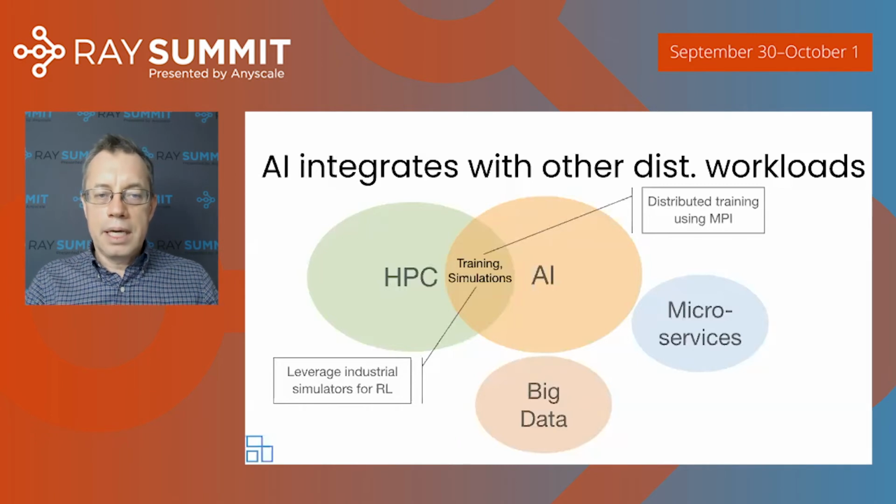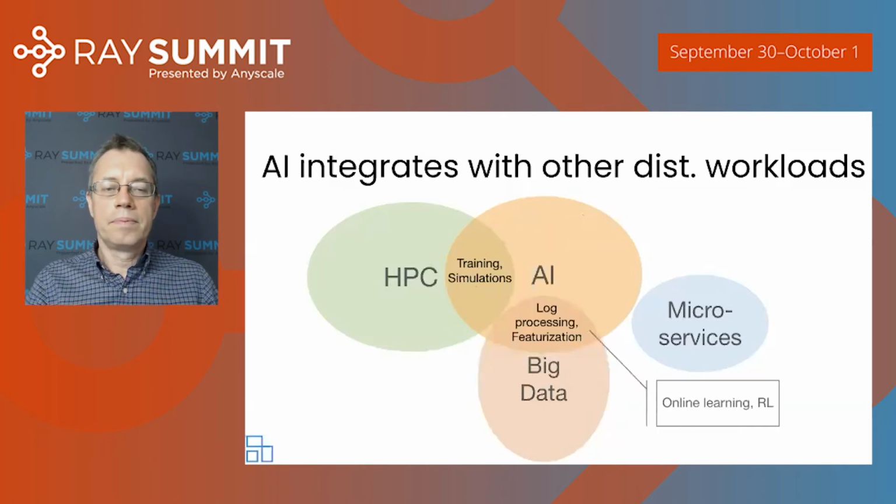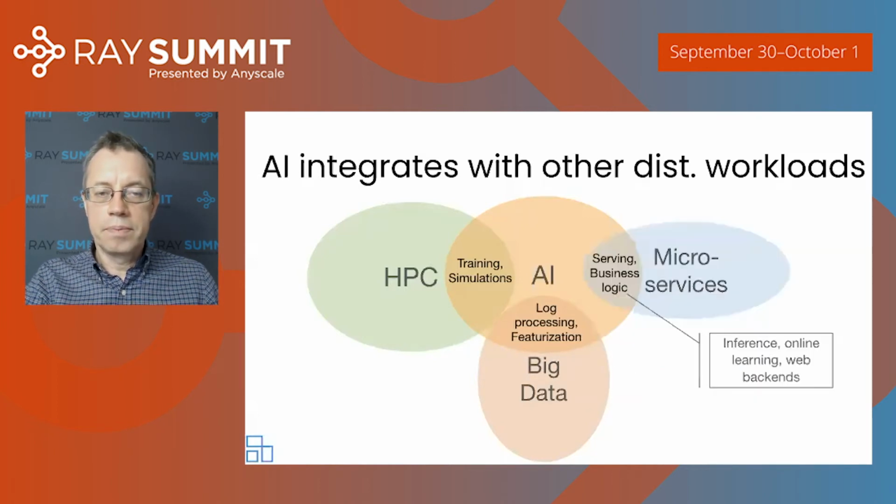Similarly, some industrial reinforcement learning applications are leveraging large-scale simulations running on HPC clusters. AI and big data are strongly overlapping, as most AI applications today need huge amounts of data to train sophisticated models. Finally, the microservice architectures that power many of today's backend services are starting to integrate machine learning components to improve these services.